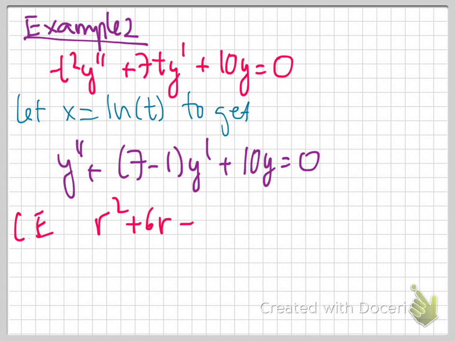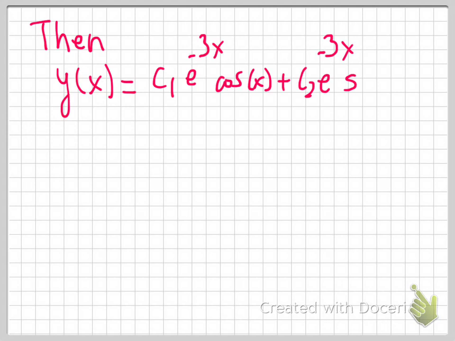Then you can solve this equation by first finding the characteristic equation, which is r squared plus 6r plus 10, and then you get complex roots, negative 3 plus or minus i. Once you have complex roots, you can find the solution y in terms of x, which is c1 e to the negative 3x cosine of x plus c2 e to the negative 3x sine of x.